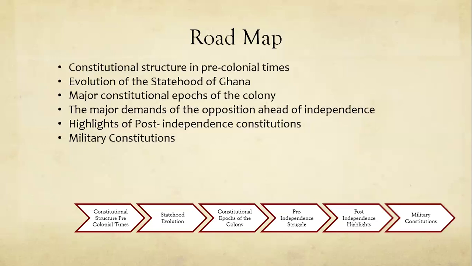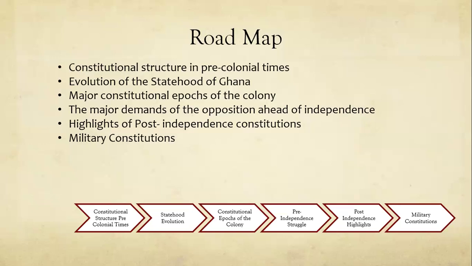We also delve into the major demands of the opposition ahead of independence. And this is quite significant because just before we attained independence, there were a number of dilemmas, a number of governance choices or options, which the country to be known as Ghana, about to attain independence, had to confront and settle on one or the other.